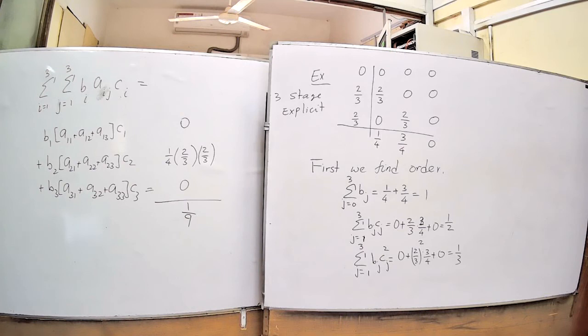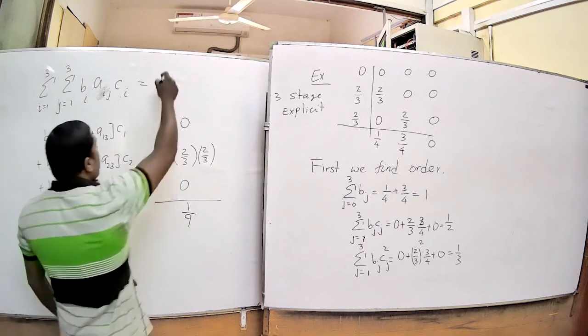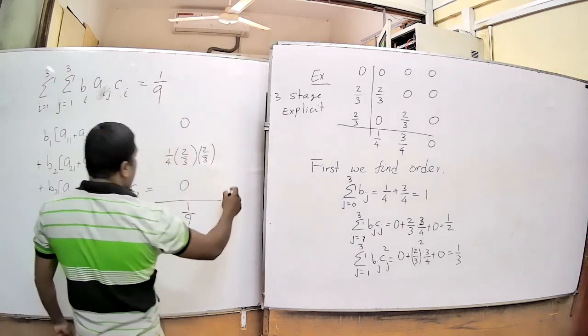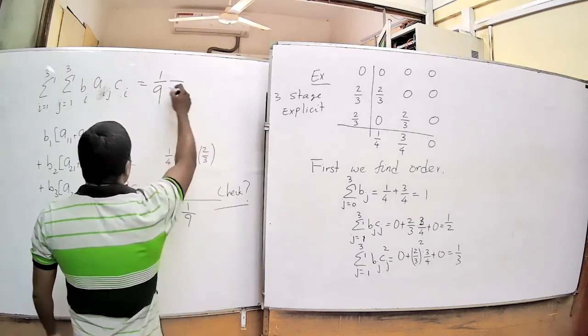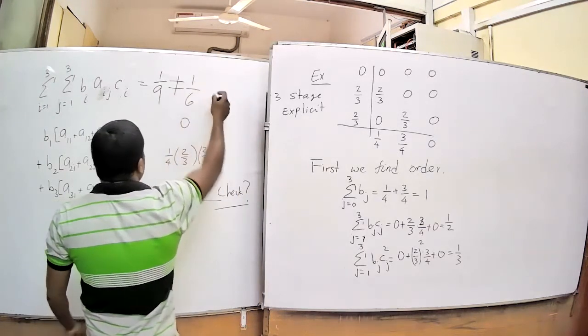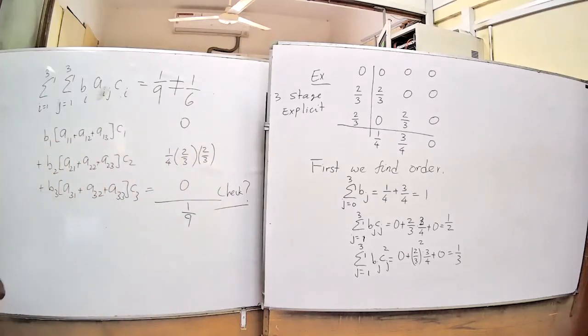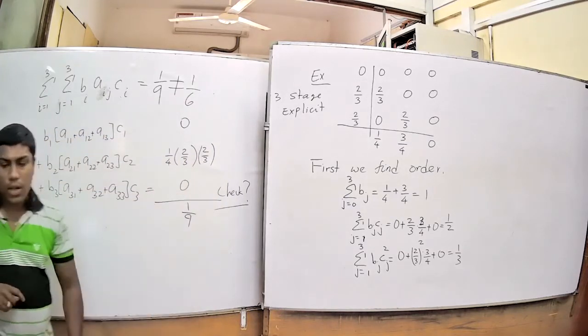But you know that it has to be 1 upon 6, right? So let's double check the work. So this obviously is not 1 upon 6. If this is 1 upon 6, then this is order 3, right?